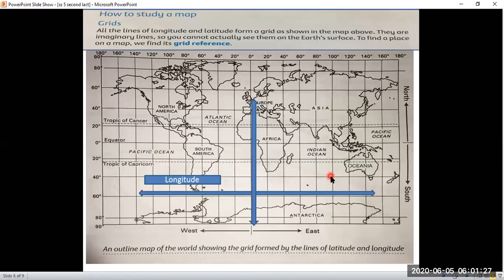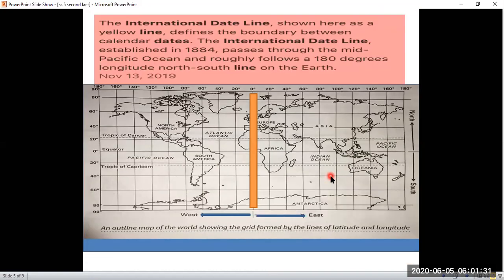As you are going towards the left side, it is east. So I think you can understand from here very well.